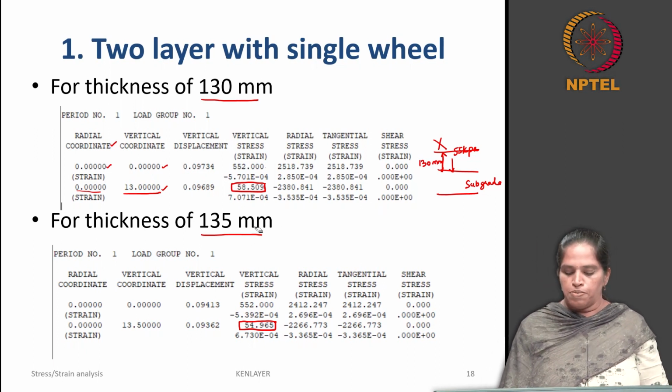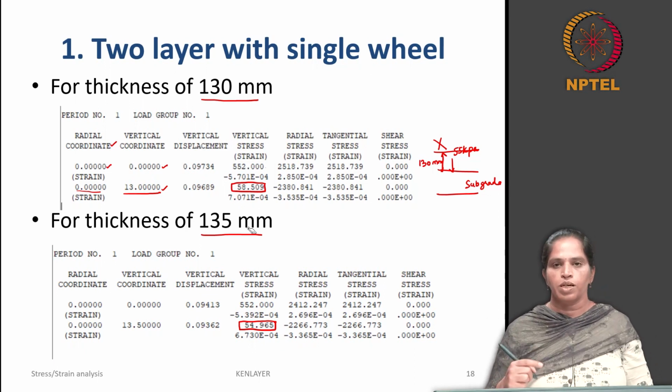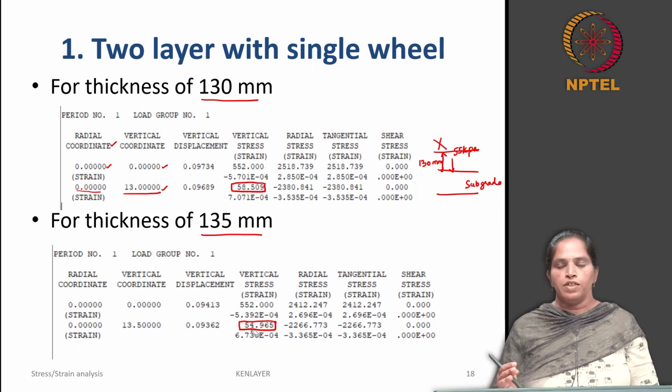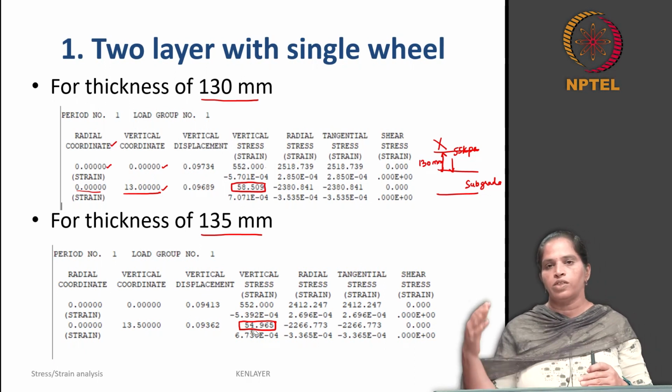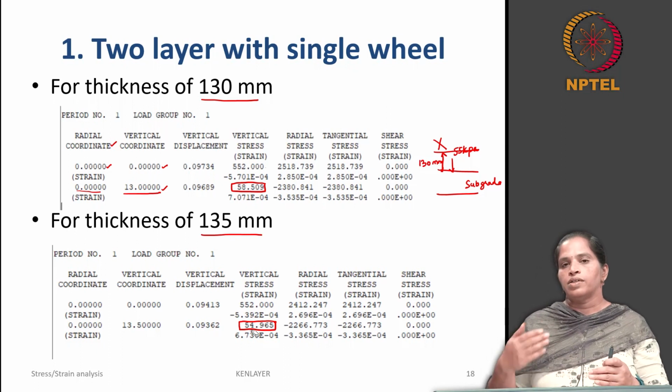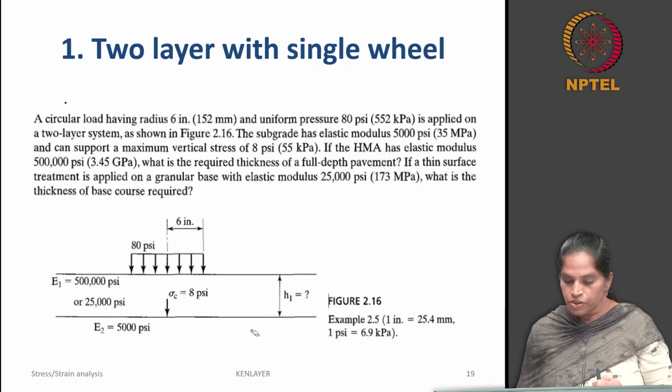So you need a minimum of 135 millimeter to restrict the stress on the subgrade layer to within 55 kilopascal. This is what the numerical says. When you increase the top layer thickness, the stresses and strains on the subgrade layer will be reduced.